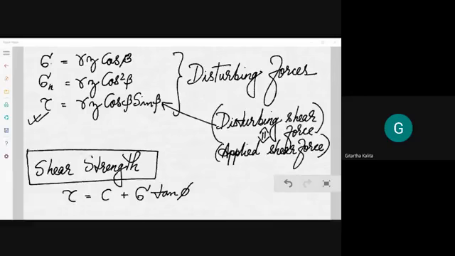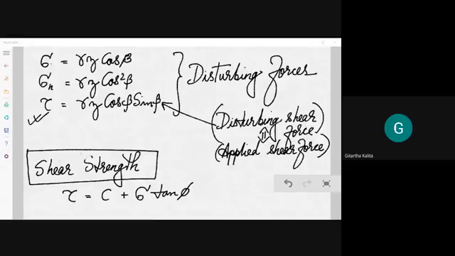Did you get this formula previously? Type Y or N. Shear is equal to C plus sigma tan phi. Did you get this formula previously? Okay, fine.